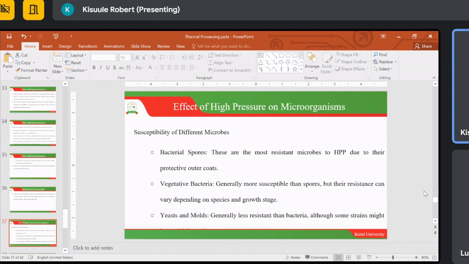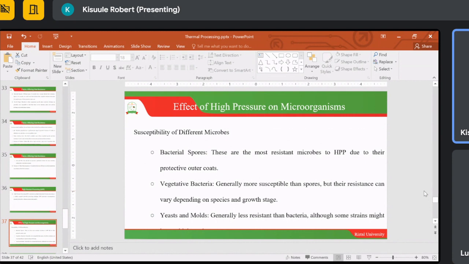But also, we are saying the yeasts and molds are generally less resistant, although some strains may be more resistant to high pressure processing. Viruses typically are inactivated by pressure processing, but effectiveness can still depend on the specific strain or variant.